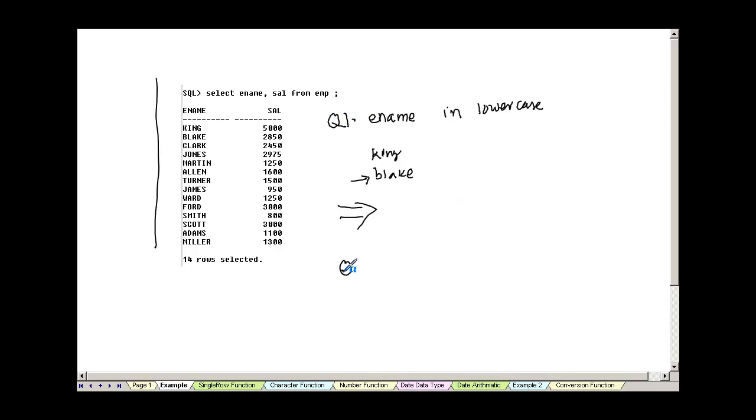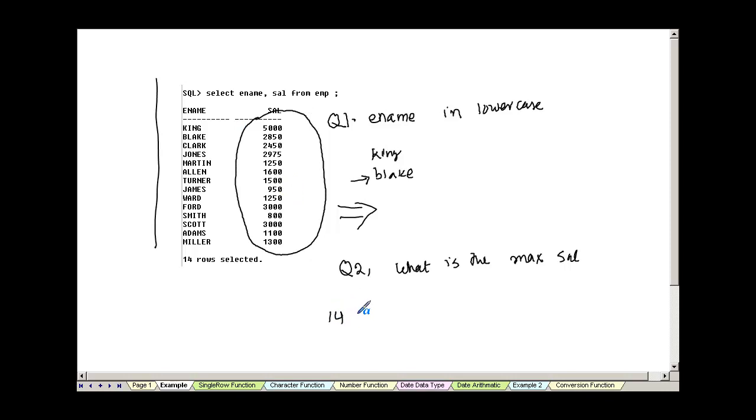Question number two is, can you tell me what is the maximum salary in this table? What is the max salary for this set of data? We have 14 rows, so we have 14 salaries, and we need to do something so that I will get the maximum salary.